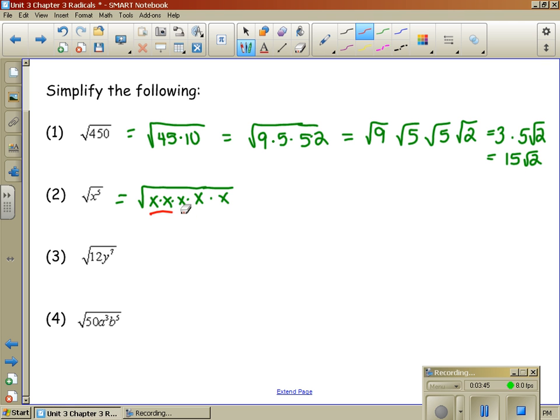There's one group, there's another group, this guy, no group. One group comes out as x, the second group comes out as x, the one left over stays in. Simplifying, we have x squared square root x.